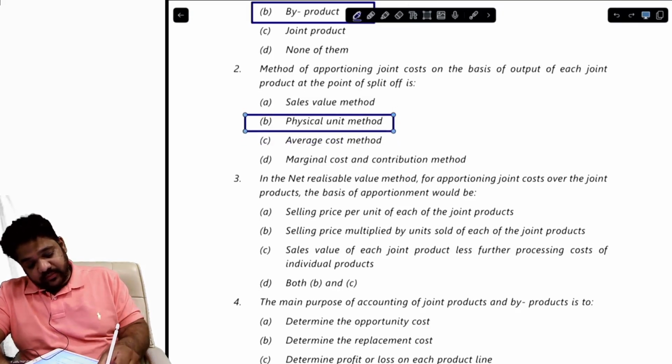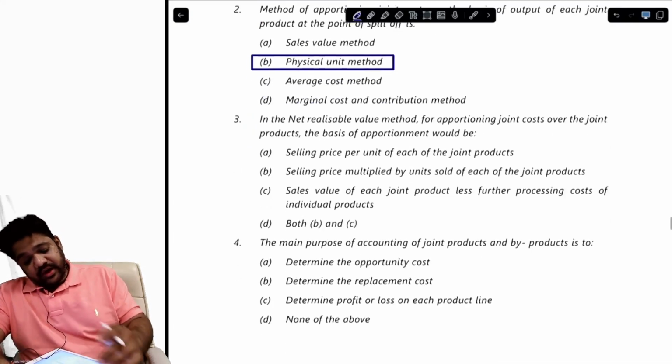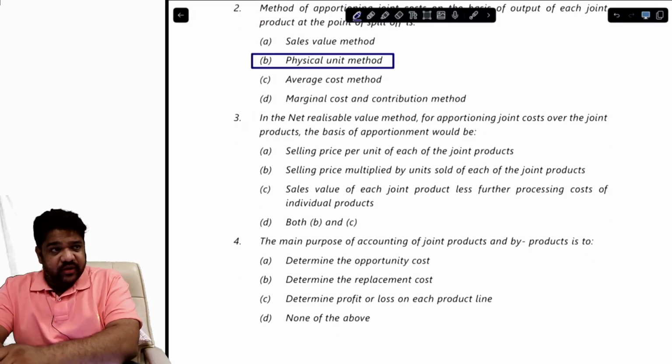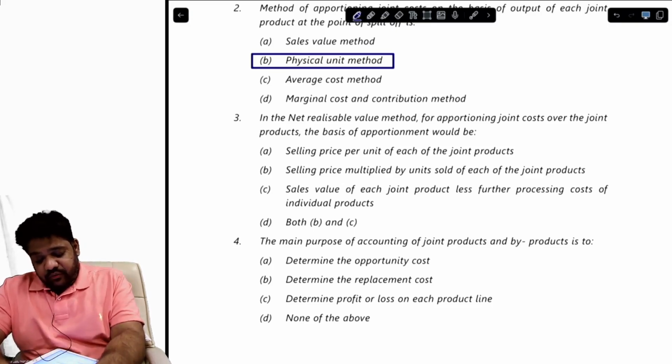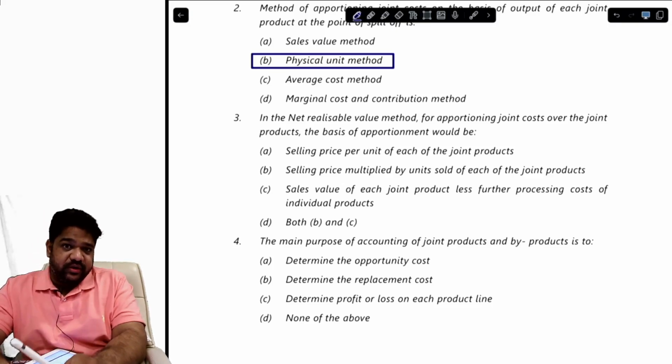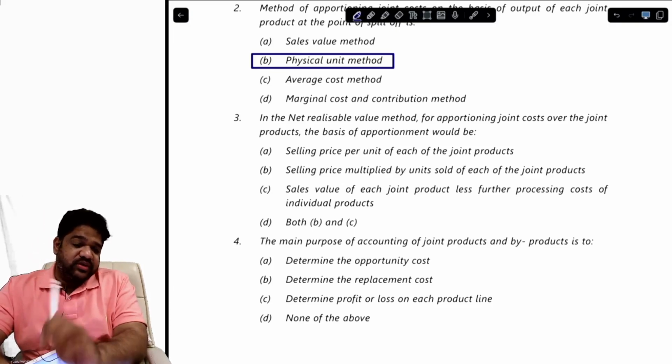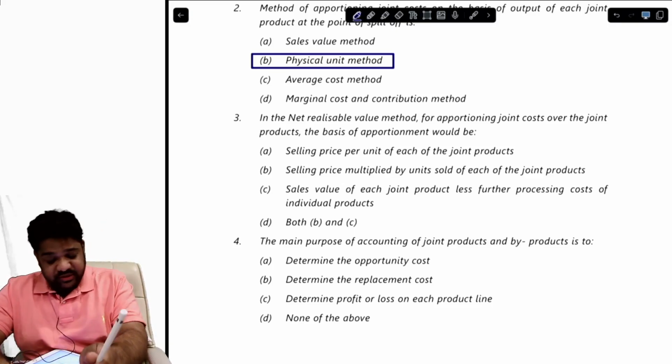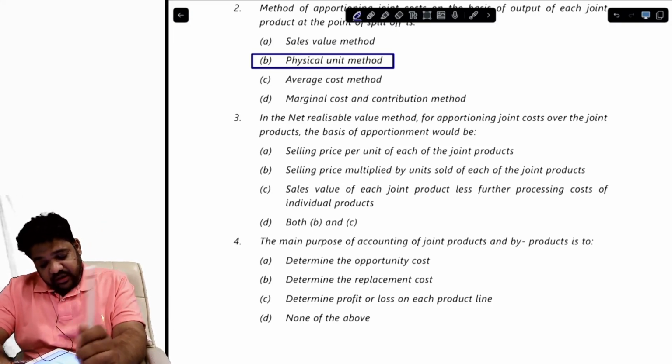Next one, in the net realizable value method, NRV method, for apportioning the joint cost over the joint products, the basis of apportioning will be, so for NRV we do sales at final stage less the further processing cost. Let's find that out.